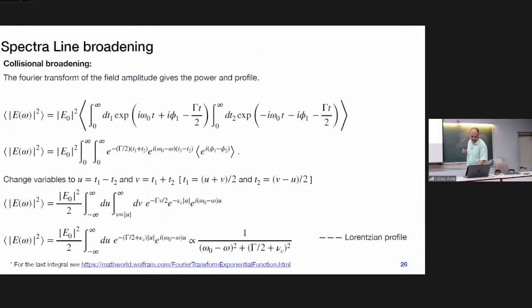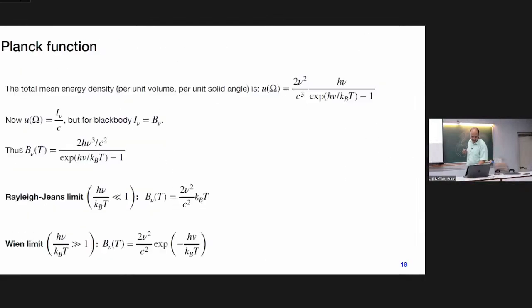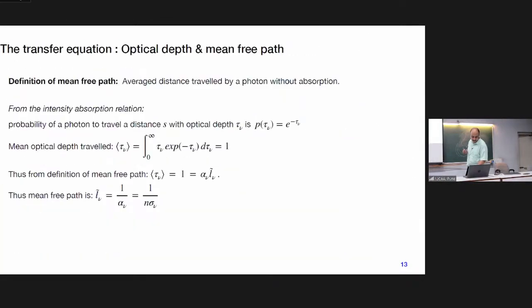I will upload the slides today if anybody wants to follow this up. Remember the absorption coefficient alpha is n times sigma. So this sigma, the scattering that we are talking about, can be Thomson scattering. And if you know the density, you know what is the absorption coefficient. So any incident energy will interact with the gas.